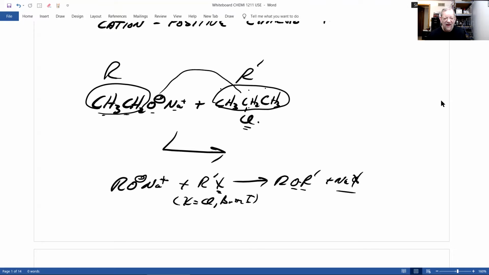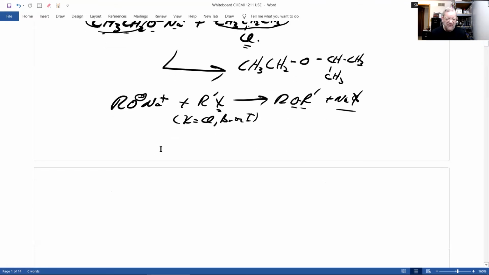So this is going to attack that carbon. Do we break carbon-carbon single bonds? No. My R group, 2 carbons, ethyl. My R prime, isopropyl. It's important that that's bonded to the center carbon, not the end carbon. And that's how you do it.